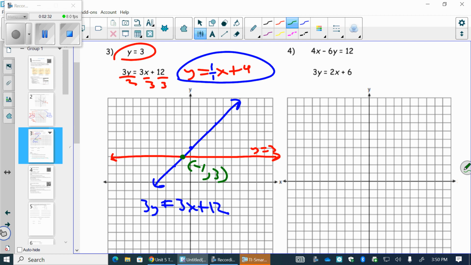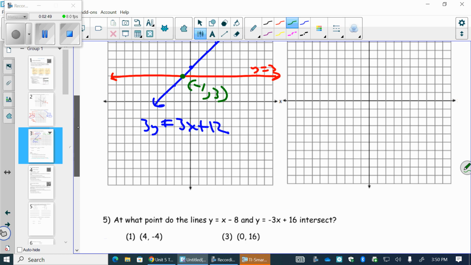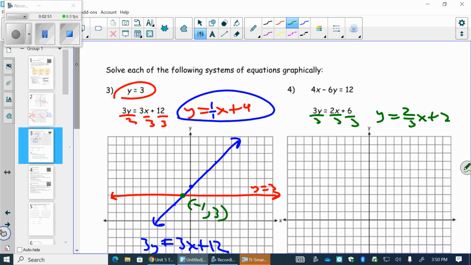Right? Let's take a look at this one over here. So I'm going to solve this by dividing everything by 3. I'll get y equals 2/3 x plus 2. Up here, this one's a little bit trickier. So I would probably do the following.